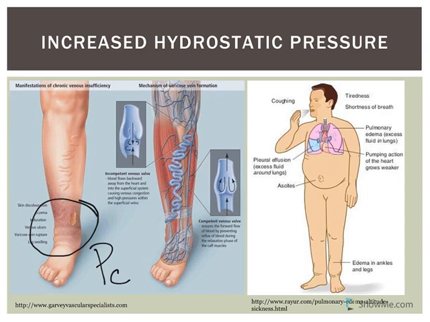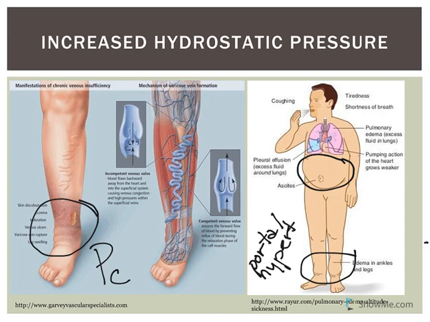This person over on the right, besides having edema in the ankles and the legs, is depicting accumulation of fluid in the peritoneal cavity, which they call ascites. That can happen if they have what we call portal hypertension, where there's high pressure up in the liver area. That could lead to high capillary hydrostatic pressure.